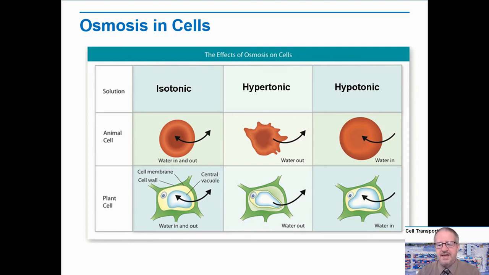So which plant cell in this figure shows what would happen to grass at the cellular level? Well, if you said the hypertonic solution, you would be correct, because the fertilizer water mixture is actually hypertonic compared to the cytoplasm in the cell of the grass.